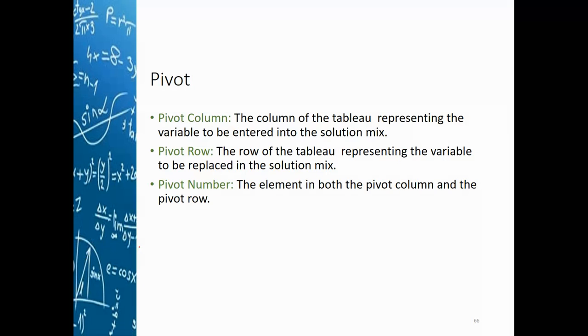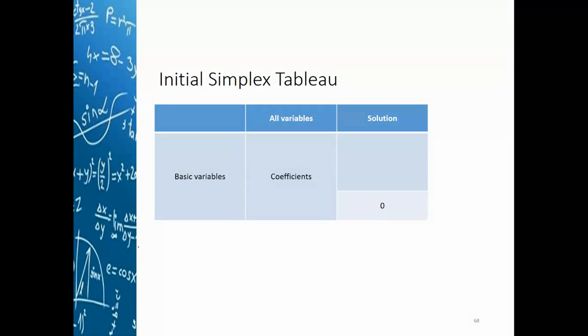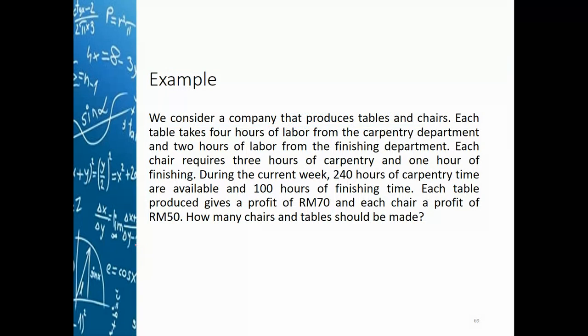You can read this one in your leisure time. Okay, the example. Now, we have a company, and this company produces tables and chairs. It gives a lot of different constraints and a lot of different coefficients.